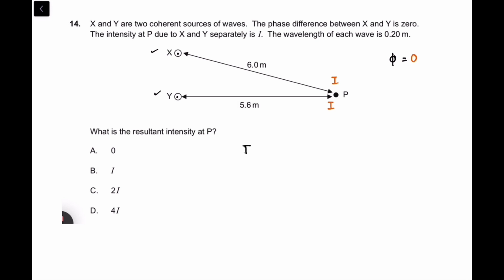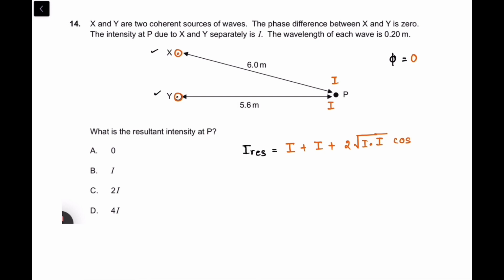So we know that the resultant intensity at point P will be equal to the intensity due to x, which is I, plus the intensity due to y, which is I, plus 2 root of I multiplied by I, into cos phi.